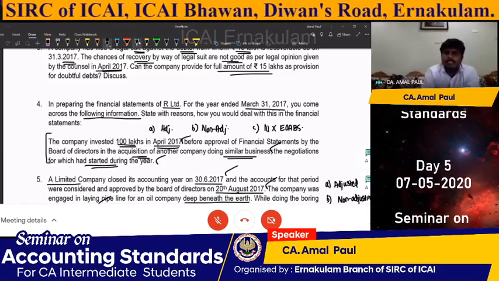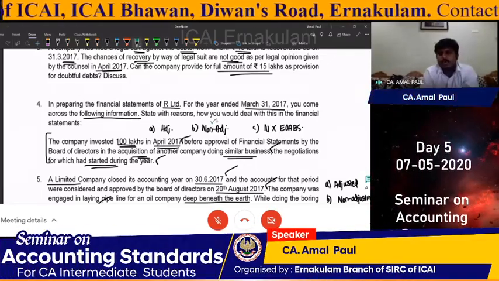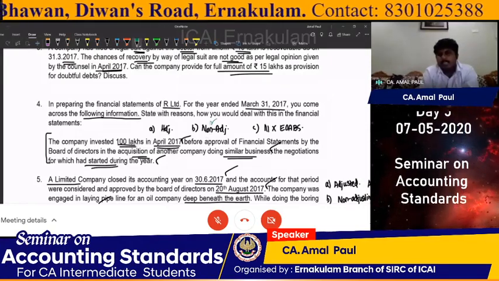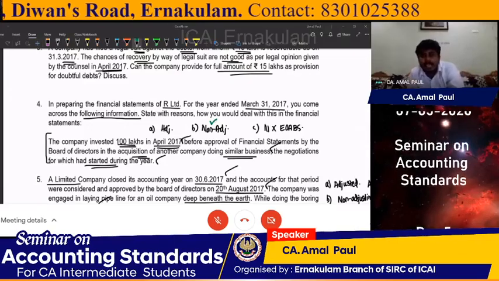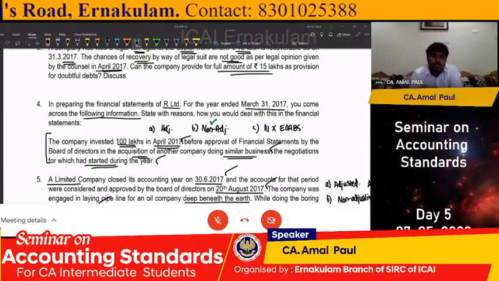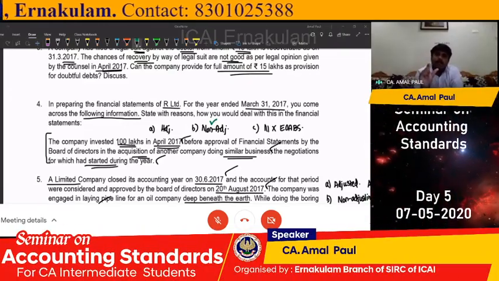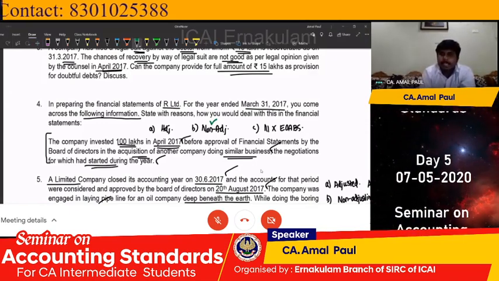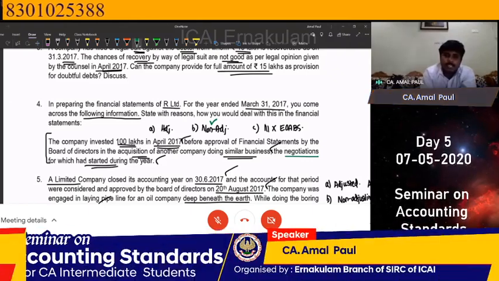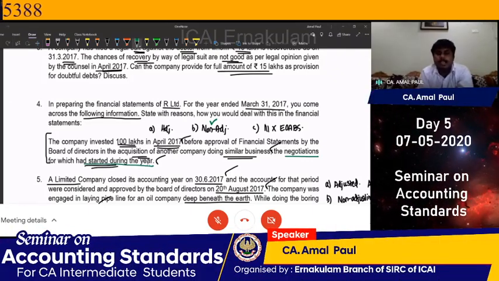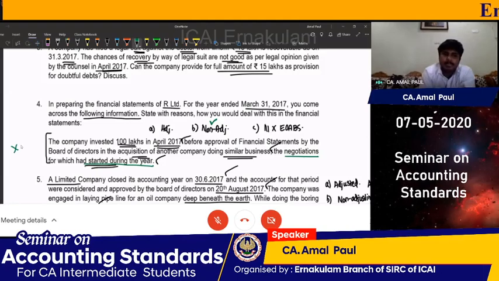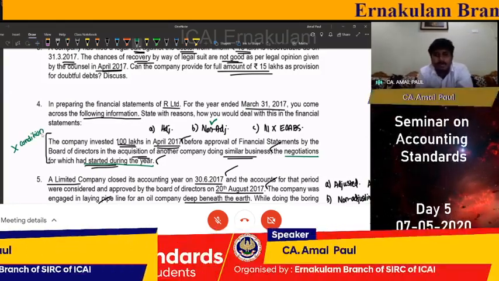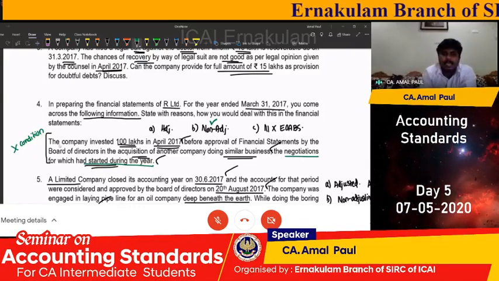In this case, the correct answer is it is a non-adjusting event. Adjusting events are those items which provide further evidence of a condition that existed at the balance sheet date. Merely because negotiation started during the year, we cannot say that this is a condition that existed at the balance sheet date.